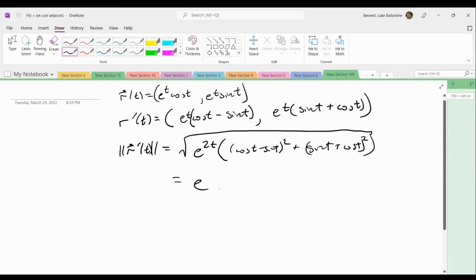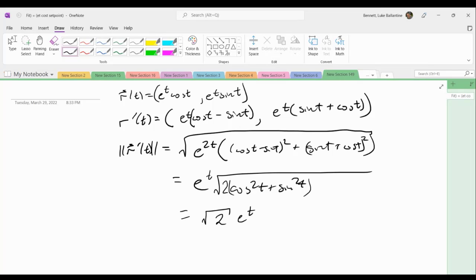So this is e to the t times the square root of (cosine squared t plus sine squared t) times 2. This is square root 2 e to the t. Yeah, that's right.